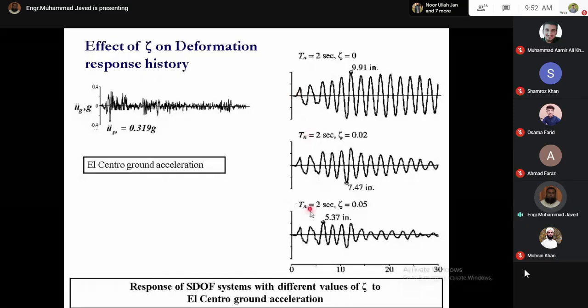The first one is undamped, the second one has a damping ratio of 0.02, and the third one has a damping ratio of 0.05. What you can see is that by increasing the damping ratio, the peak structural displacement reduces. In case of the undamped system, the peak displacement is maximum. In case of the highest damping ratio, the peak structural displacement is minimum. So what we can conclude from these graphs is that increase in damping ratio reduces the peak structural displacements.